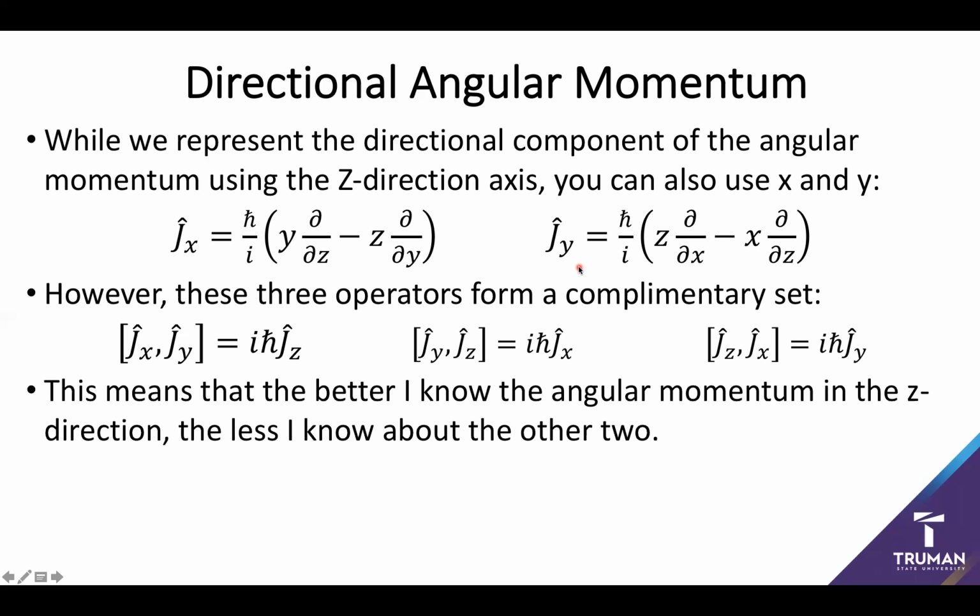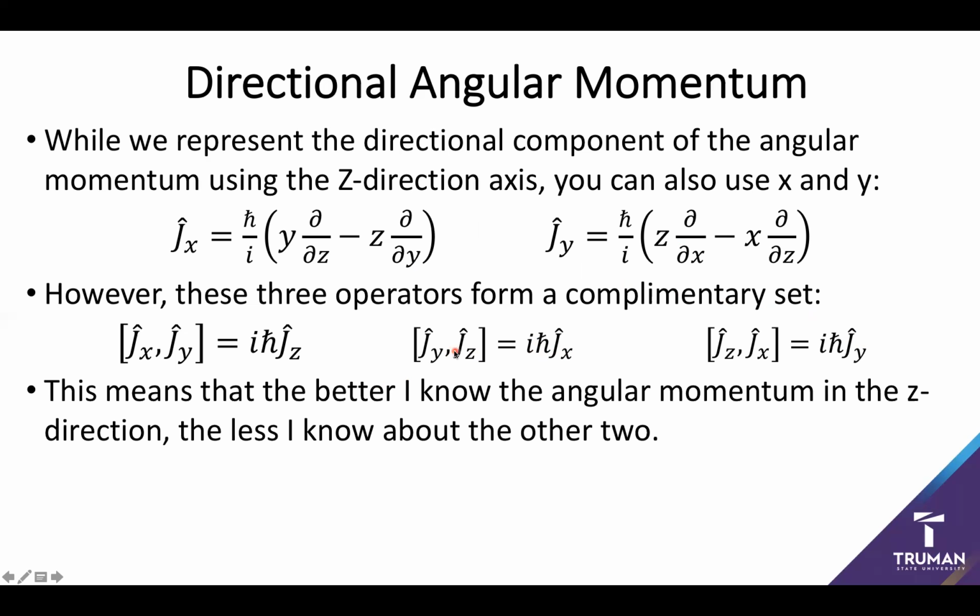And again, it is worth noting, the more I know about the angular momentum in the Z direction, the more precisely I know it, the less I know about the other 2. So this means that I may know how much of the angular momentum is moving in the Z direction, but this just gives me no information.